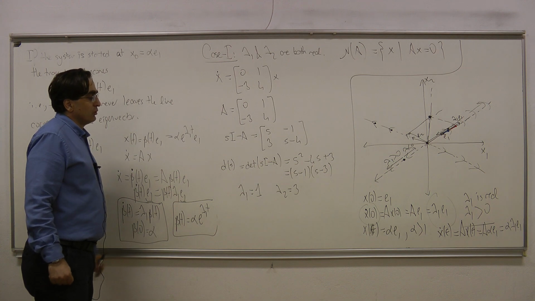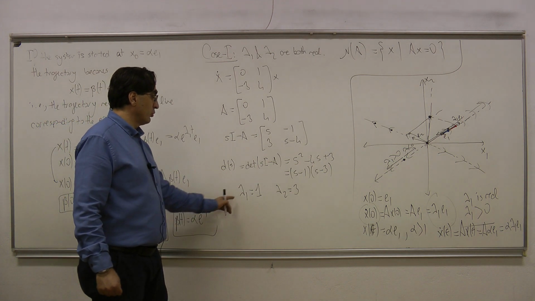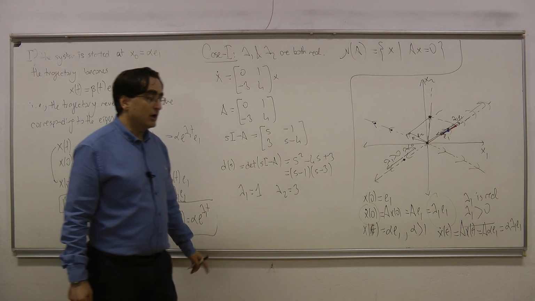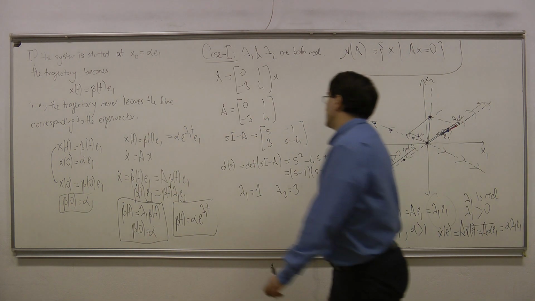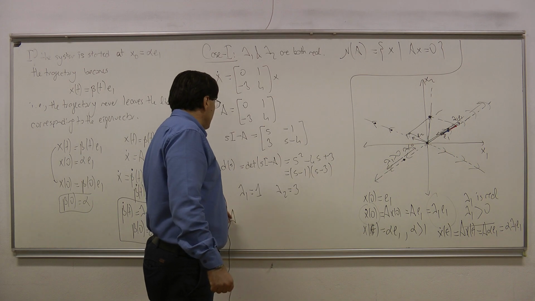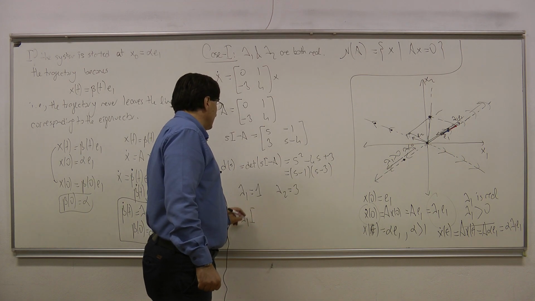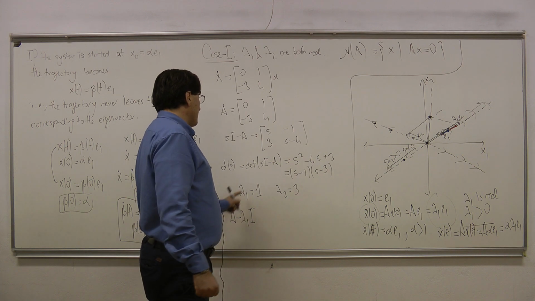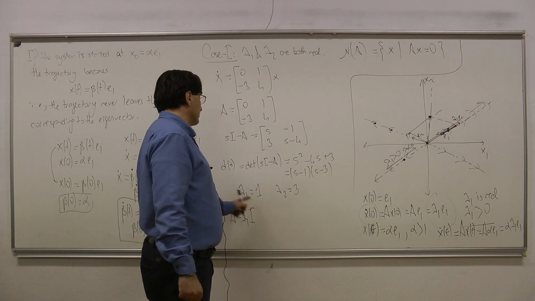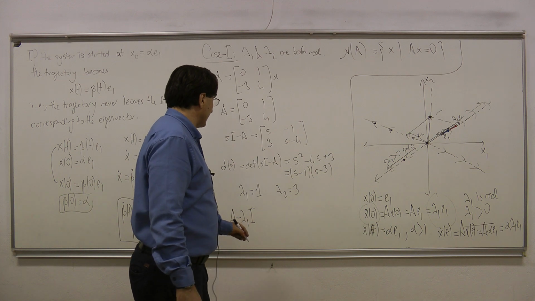So now I'm going to find the first eigenvector corresponding to the eigenvalue lambda 1. All right? In this case, I will write A minus lambda 1 identity. I know that the eigenvector is going to be a non-zero vector, which is going to be in the null space of this matrix. Okay?